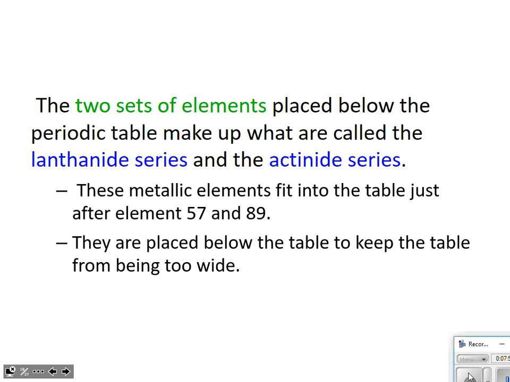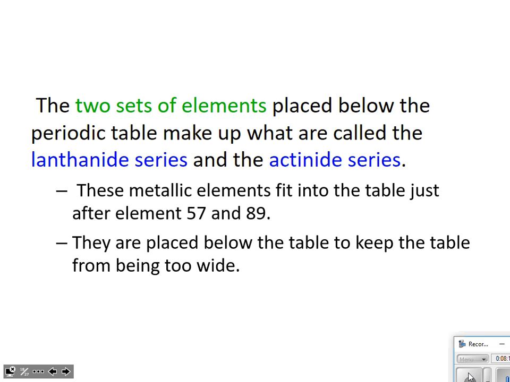Now, the only reason that we put those at the bottom of the table is to make the table more concise. So we can fit it on to a sheet of paper very neatly like you have in front of you. Imagine if we would squeeze that out and have those 14, then that periodic table would be pretty big.